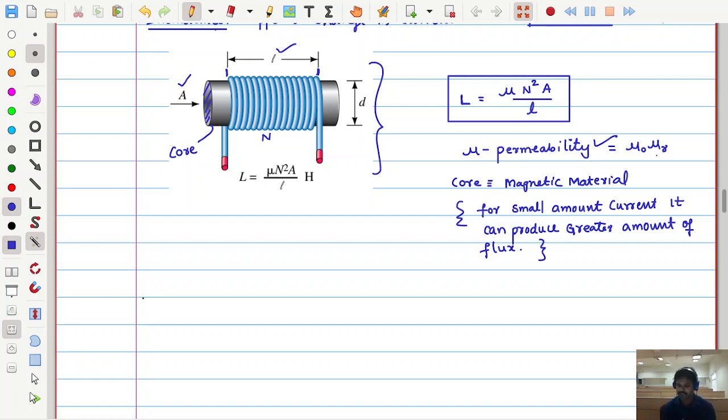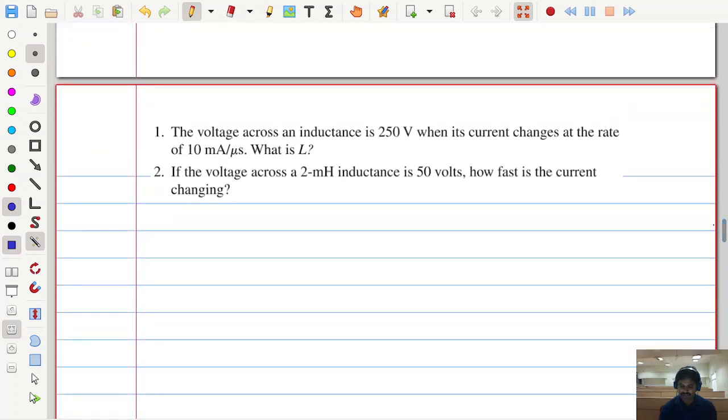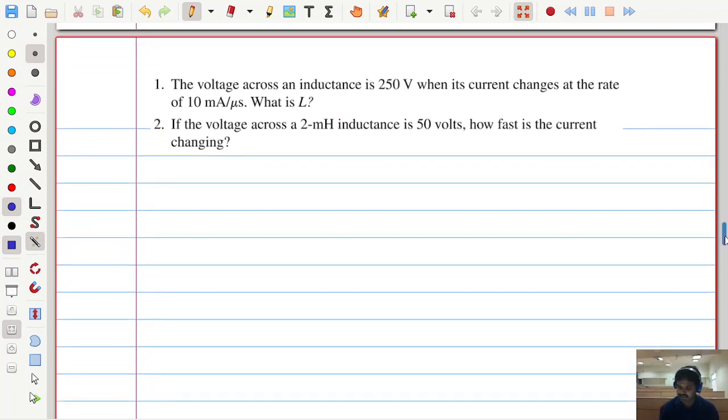Now let us leave this history here. Just try to understand that with these dimensions we can get this amount of inductance value. Now with that, let us take these problems. Just read this question carefully. Make a note of these things in your notebook.